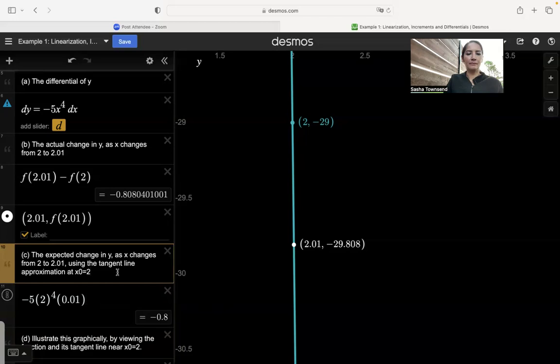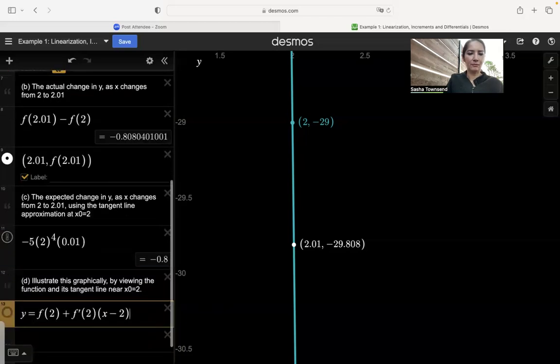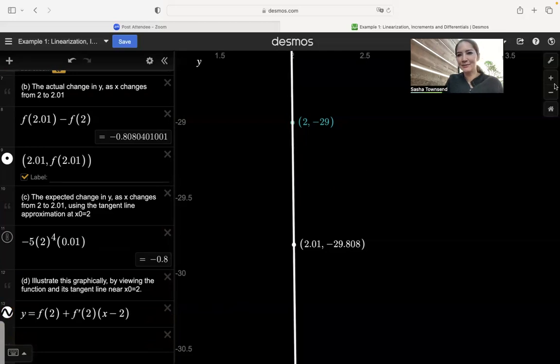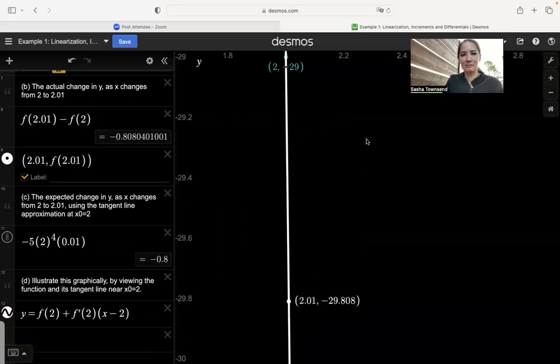Now we can see that visually if we graph the tangent line at that location. It's a little bit difficult to see because it's so steep. We would want to try to differentiate between the tangent line and the function itself, but it's almost impossible. You can see a little bit of a difference. Maybe if I change my scale in the y direction, my y's are going between -29 and -30.